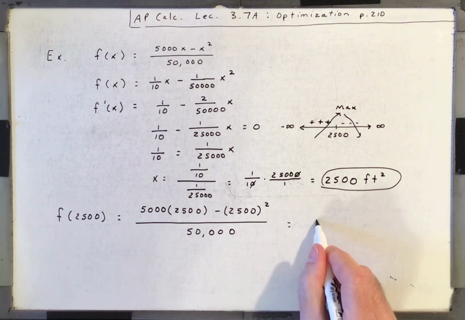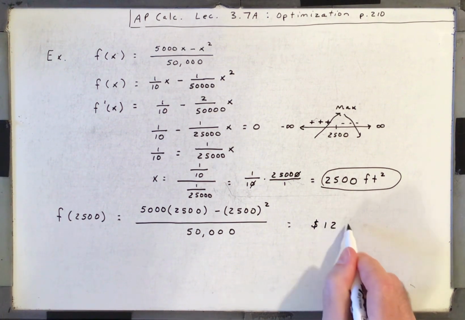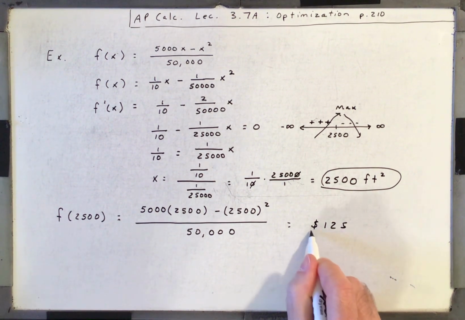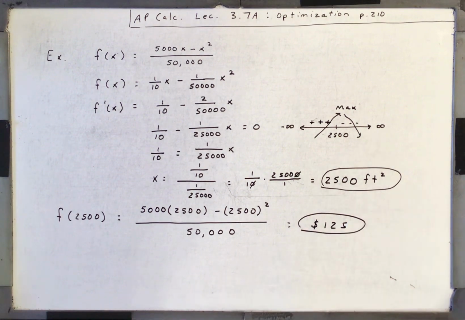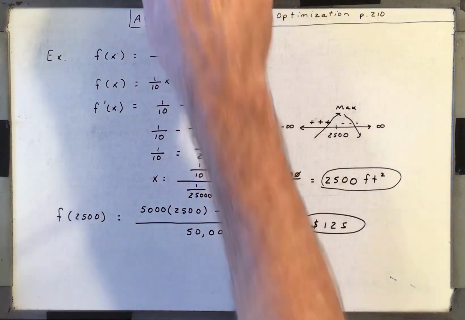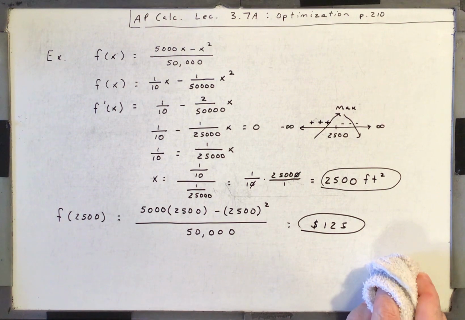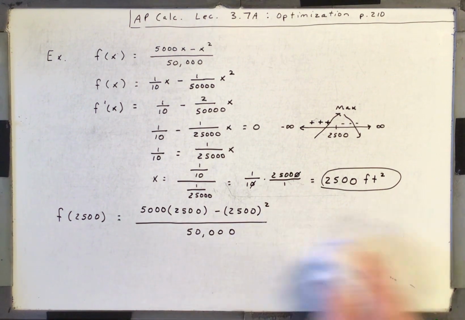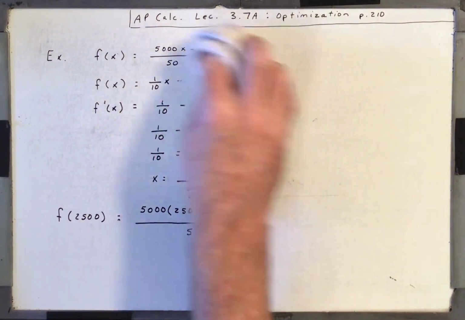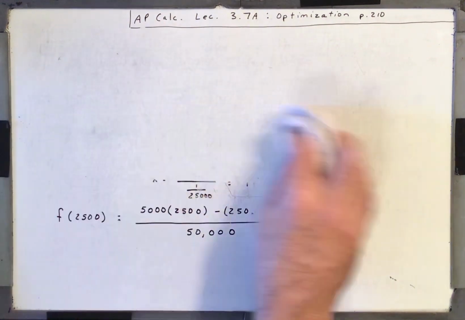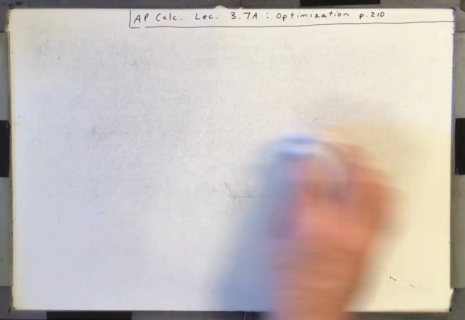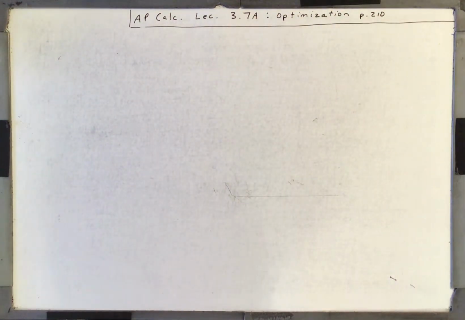All right, and that is $125, which is not very much money. So I would probably not do this project. All right. So there you go. We're just finding a max or min based on the function. So not really new work. It's just doing a word problem.